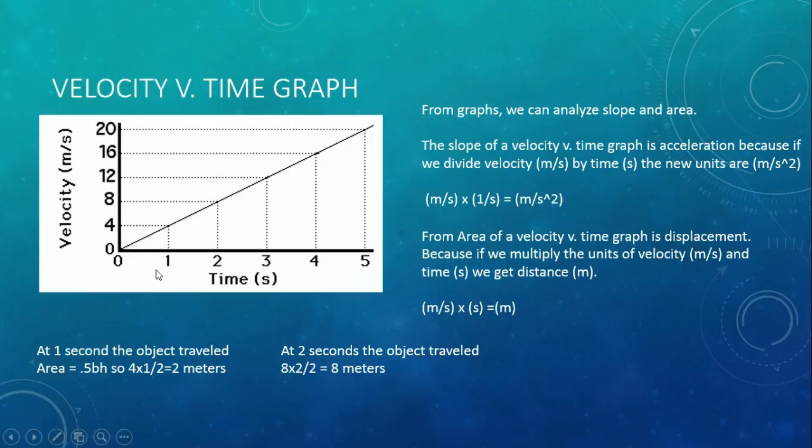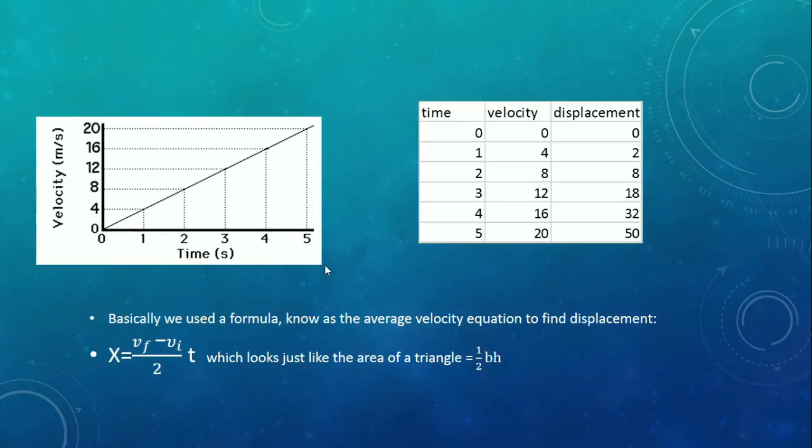If we do that for 3 seconds, 4 seconds, 5 seconds, we get 1/2 times 3 times 12, which is 18. If we do 1/2 times 16 times 4, it's 32, and if we do 1/2 times 20 times 5, it's 50. So we get these values.